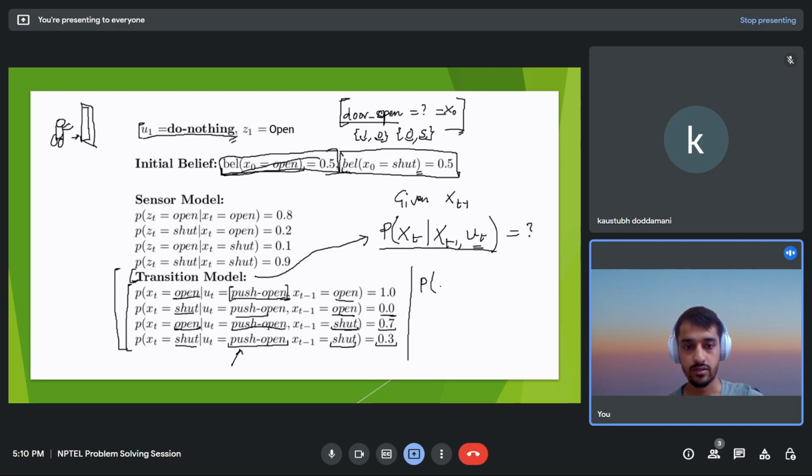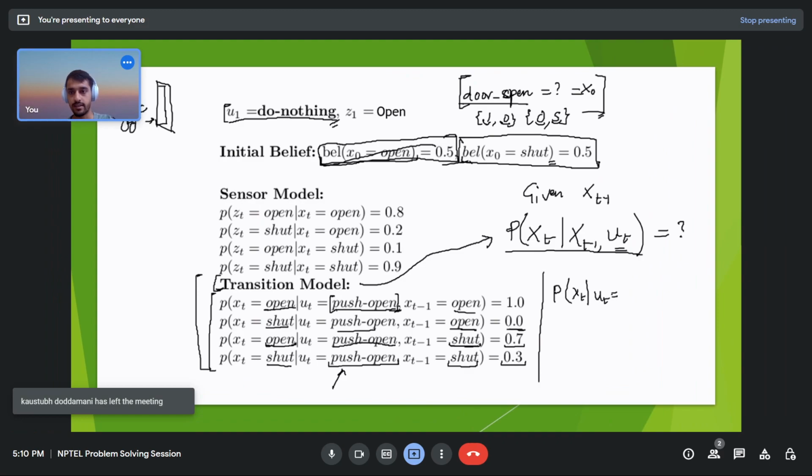So x t given u t, if I represent do nothing by d, and x t minus 1. Let us say that x of t is open and x of t minus 1 is open. If it is open and we do nothing, it should be open.